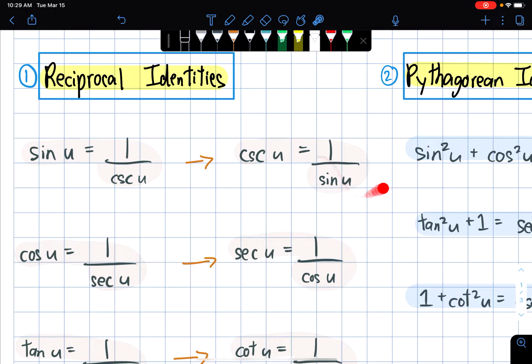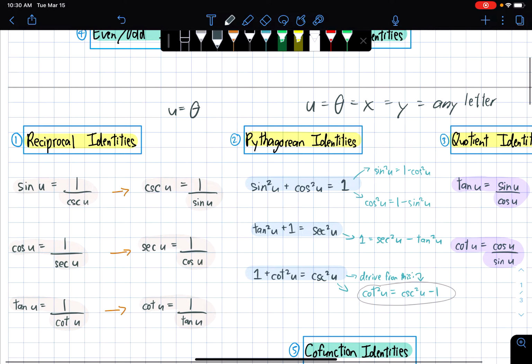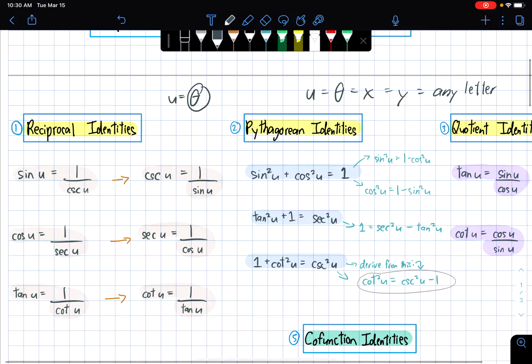And that also goes for the other way around. So if CSC u or cosecant u is reciprocated, then it will now be 1 over sine theta. So please understand that in this video, whenever there is u, that will always be mentioned as theta, since I'm more used to saying theta more than the variable u.